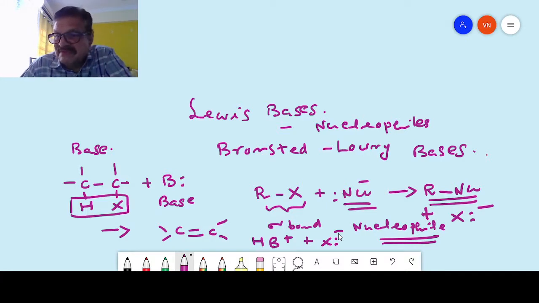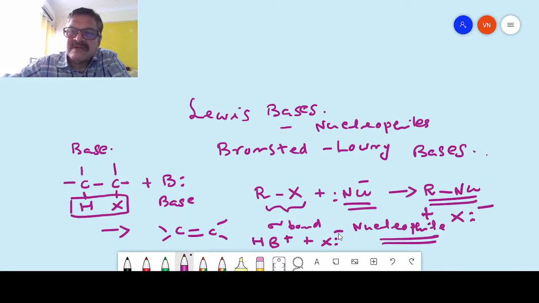Now, before this, I just want to give you a brief introduction to Lewis acids and bases and Bronsted-Lowry acids and bases, which of course we have seen in the previous class. Briefly, the Bronsted-Lowry acid and base theory is based on the concept of protons, proton transfer reactions.